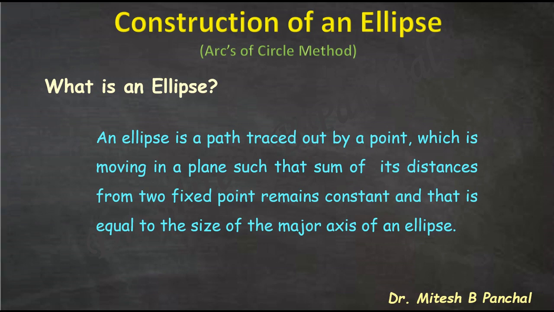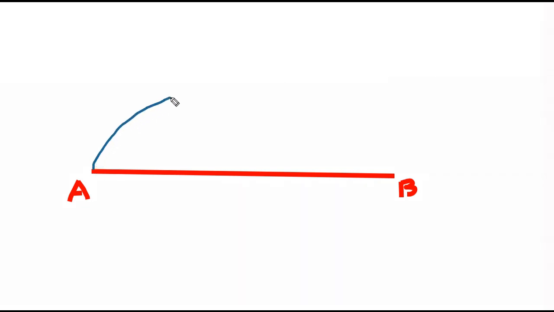To understand this definition, let's consider a portion of an ellipse having major axis AB. This red line is nothing but the major axis of the ellipse. The ellipse passes through the major axis AB, and has two focus points, say F1 and F2.